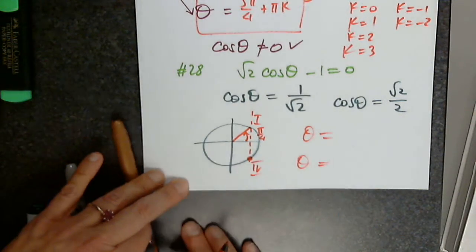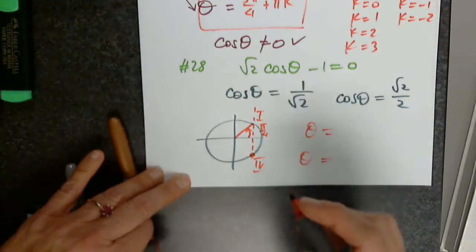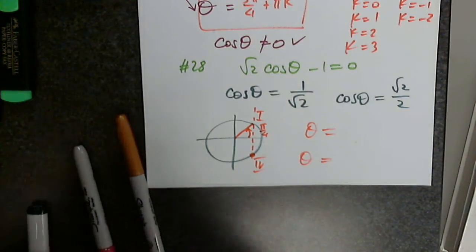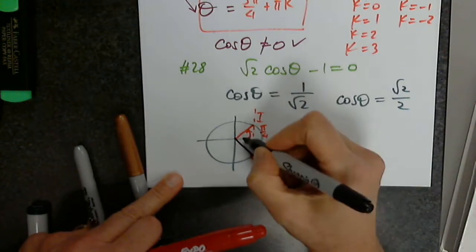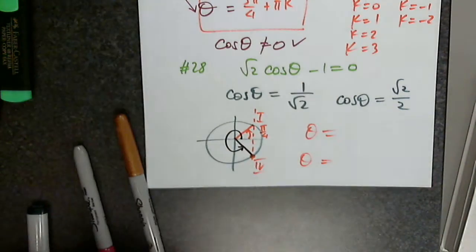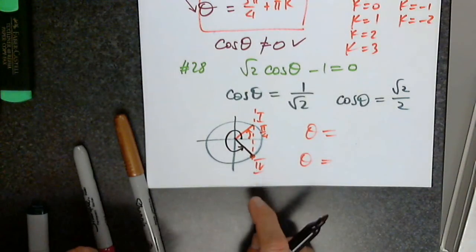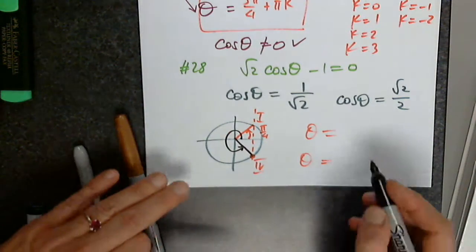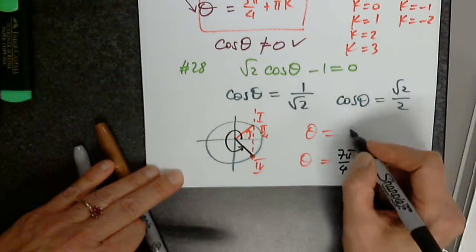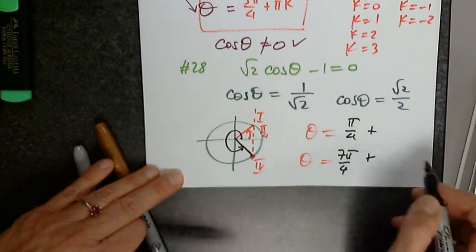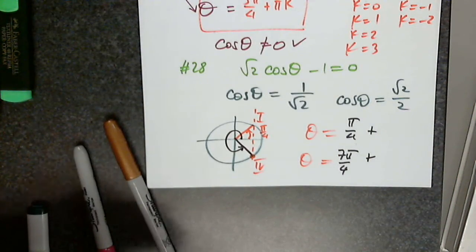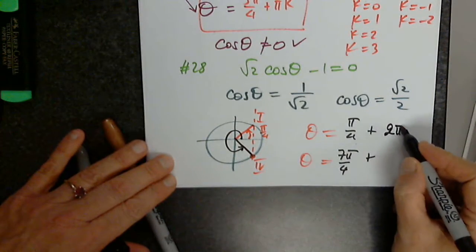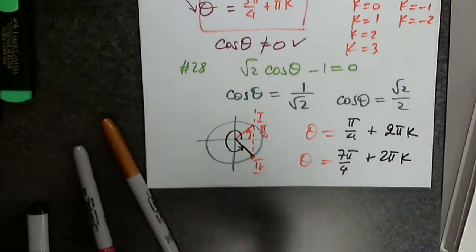It crosses the circle in the fourth quadrant somewhere, and then I know that this is the other angle: 2 pi minus pi over 4, or 7 pi over 4. So pi over 4 plus what? Cosine, the period is 2 pi. Yes, 2 pi k. And that's it, and it's done.